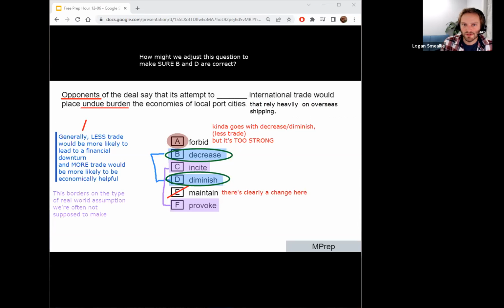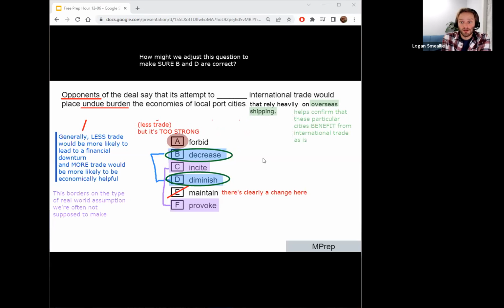What this does is it gives us really solid evidence in the form of overseas shipping that this helps confirm that these particular cities benefit from international trade as is. I think the problem, as I had it before, is it could have been true that these cities actually wanted there to be less international trade. It wasn't really quite strong enough evidence to say otherwise.